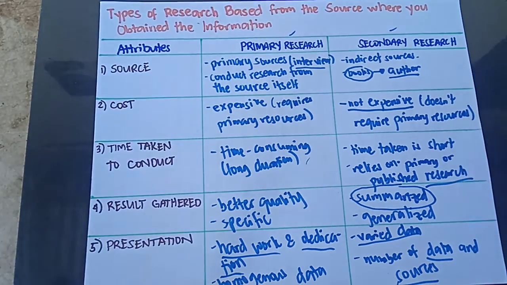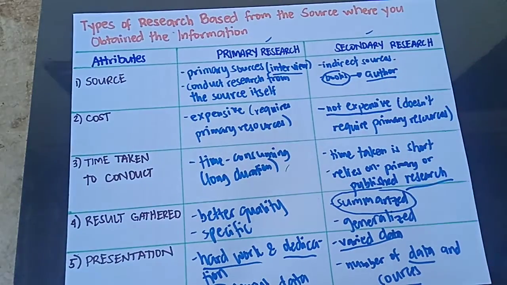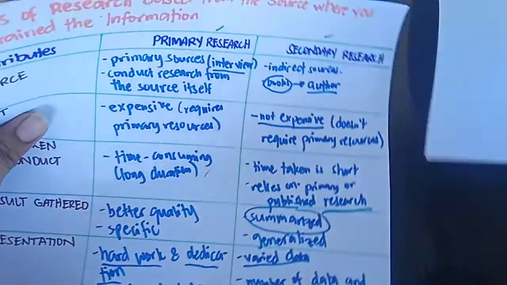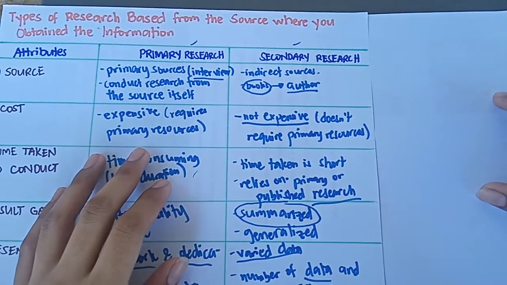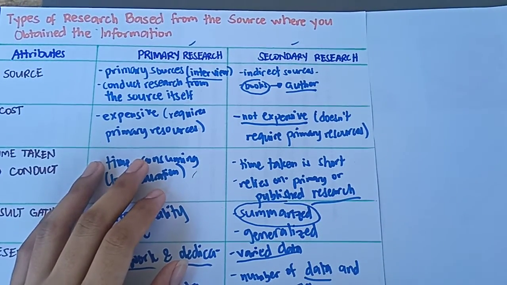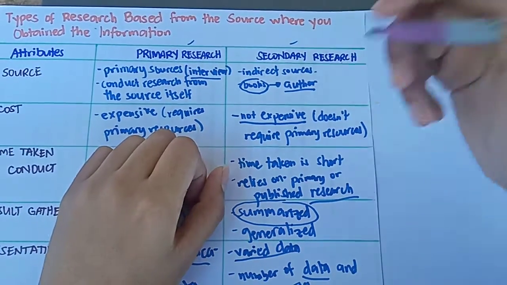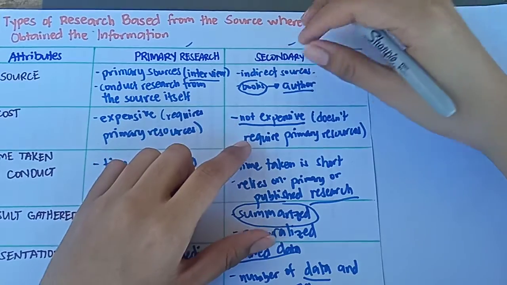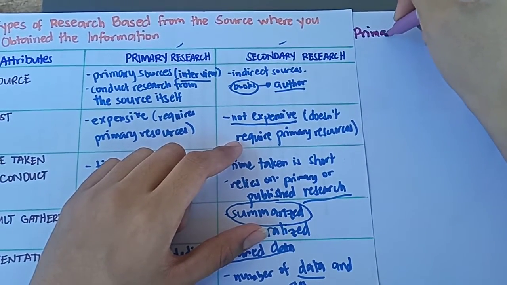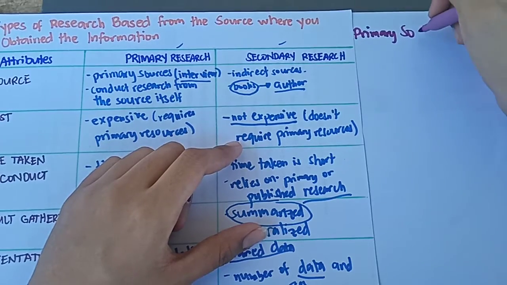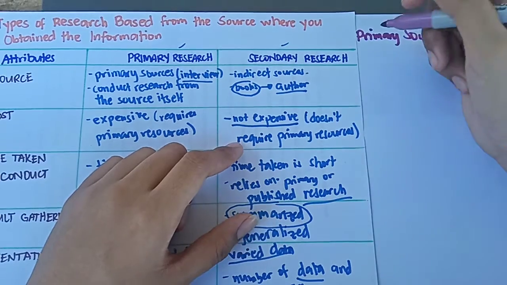Oh, another thing, before we end this discussion, we have an additional knowledge. So in primary research, we use primary sources, right? So how do we define a primary source?